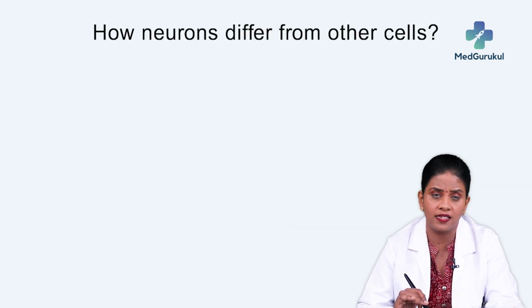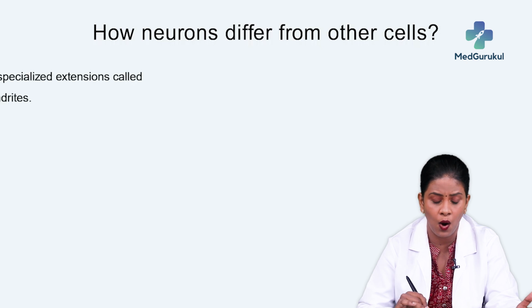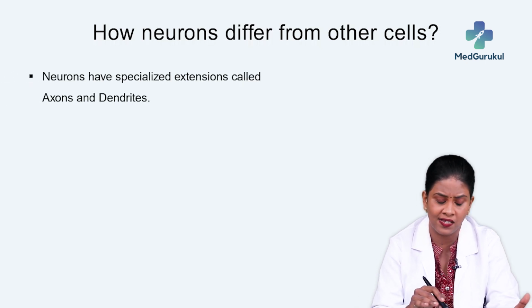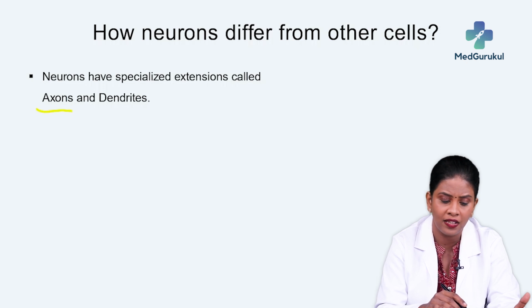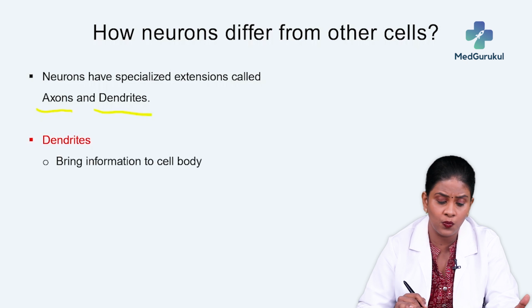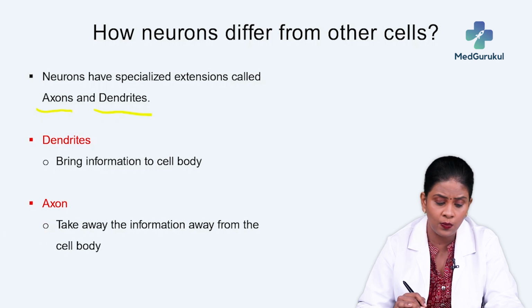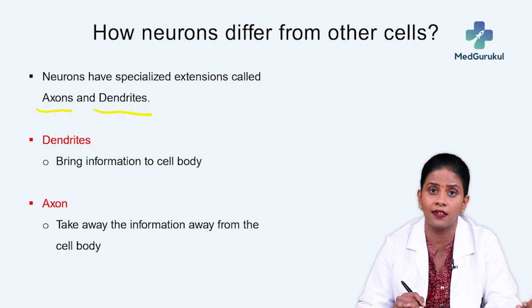How do these neurons differ from other cells? Neurons have specialized extensions, as I said earlier, the axon and the short dendrites. Dendrites bring information from other regions to the cell body, and the single long axon takes information away from the cell body to other regions.